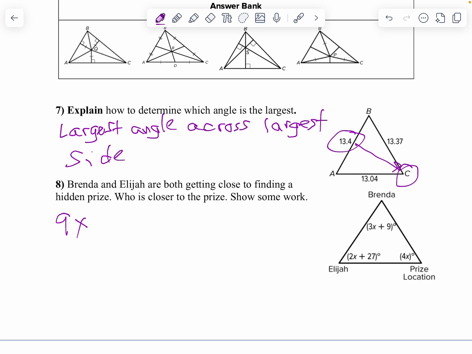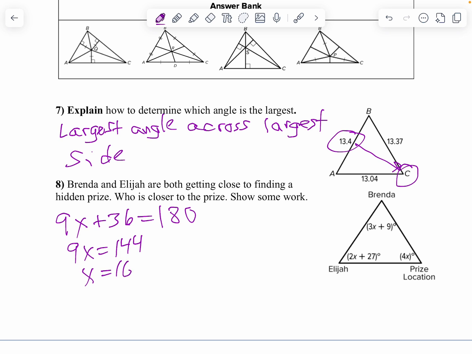Well, that'll be 36, won't it? I know there are 180 degrees in a triangle. So if I subtract 36 from both sides, 180 minus 36 gives us 144. So 9x is 144. And then if I divide by 9, I know x is 16.